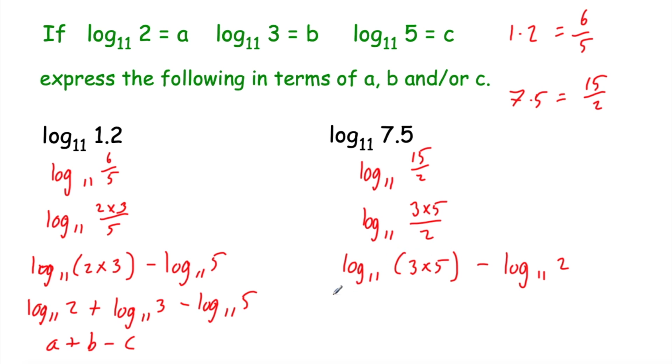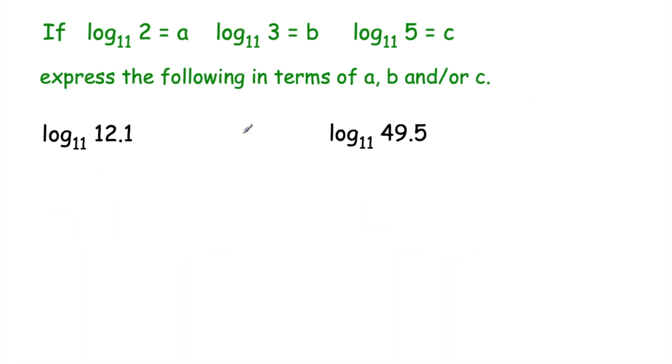And again, let's split this up into the log to base 11 of 3 plus the log to base 11 of 5, subtract the log to base 11 of 2. And then this would be b, plus this bit would be c, subtract this bit, which is a. So the answer is b plus c, subtract a. And that's it. Okay, let's have a look at 2 last questions. So we've got the log to base 11 of 12.1 and the log to base 11 of 49.5.